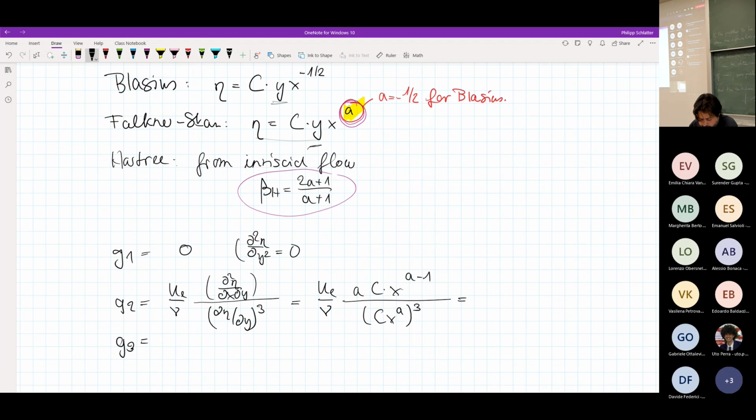And if I continue here, I will get u_e of x times a divided by nu c squared. And here I get 1 divided by x to the 2a plus 1. So that means if I want to have a similarity solution, I need to make sure that this is actually independent of x and y.